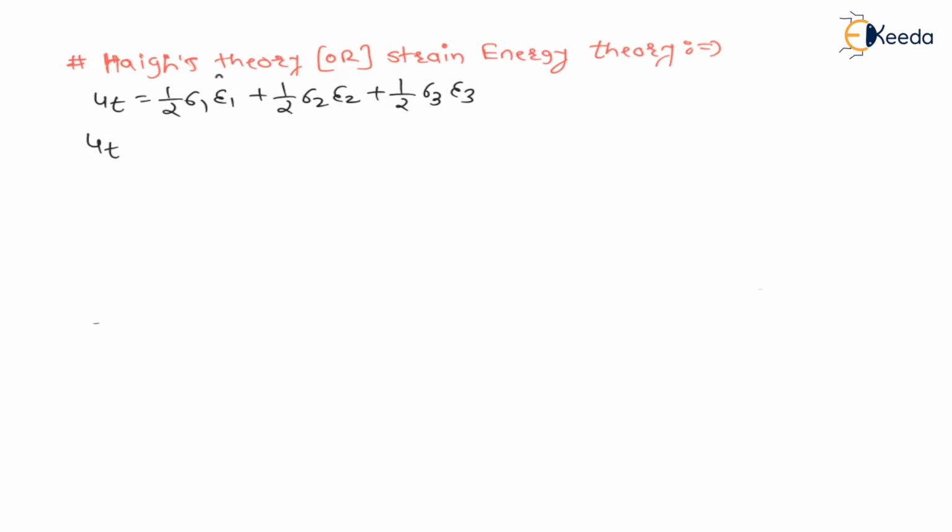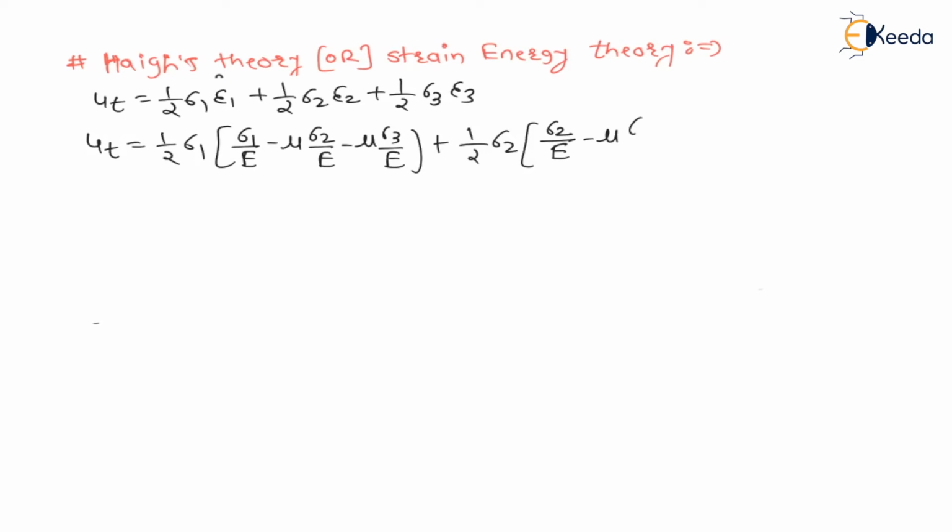Therefore U total is equal to 1 half sigma 1, and E1 is sigma 1 by Young's modulus minus mu sigma 2 by Young's modulus minus mu sigma 3 by Young's modulus, plus 1 half sigma 2, and E2 is sigma 2 by E minus mu sigma 1 by Young's modulus minus mu sigma 3 by Young's modulus, plus 1 half sigma 3, and this E3 is sigma 3 by Young's modulus minus mu sigma 1 by Young's modulus minus mu sigma 2 by Young's modulus.